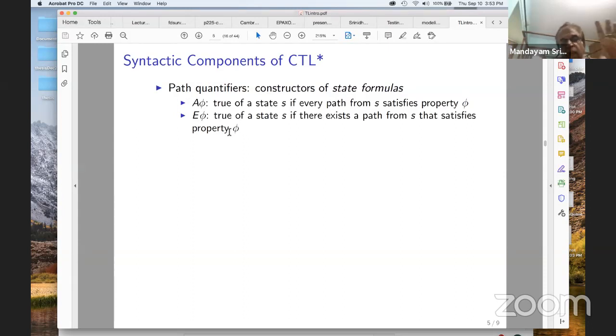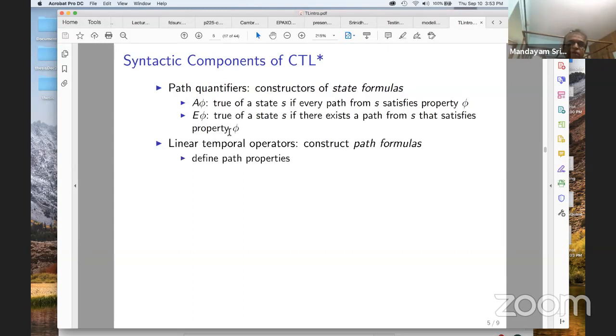I'll define formally the syntax in a few slides from now, but here I'm giving an informal introduction to the syntactic components. Then it contains a set of what are called linear time temporal operators, that relate states across time.